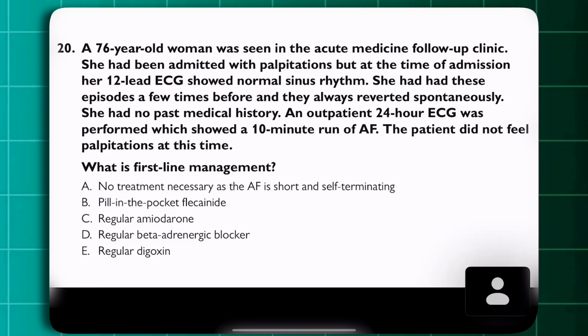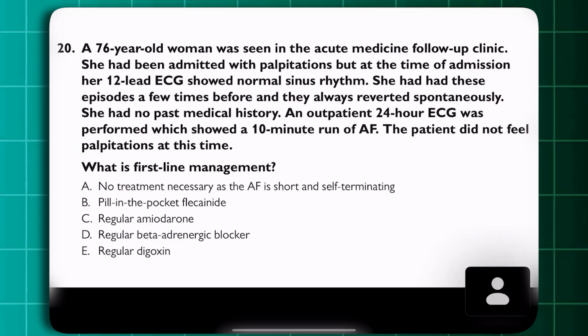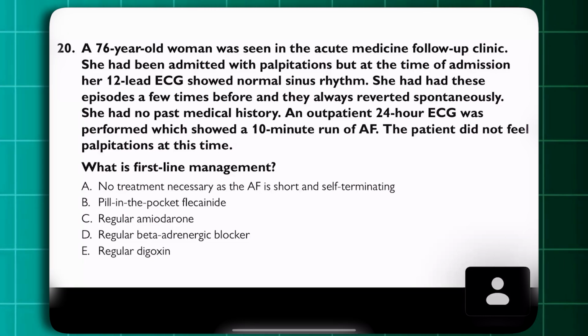So the answer here is a beta blocker. In this one question, they are testing your knowledge about the classification of atrial fibrillation, the basic management of atrial fibrillation, and when we use amiodarone, digoxin, and flecainide. Only after this much knowledge can you go for option D, regular beta-adrenergic blocker.